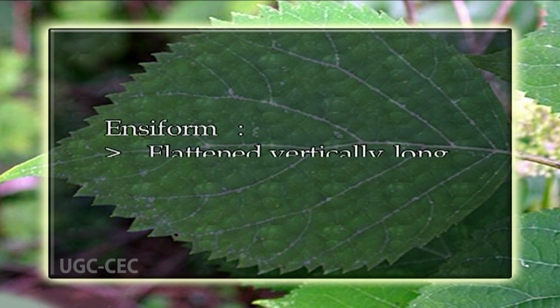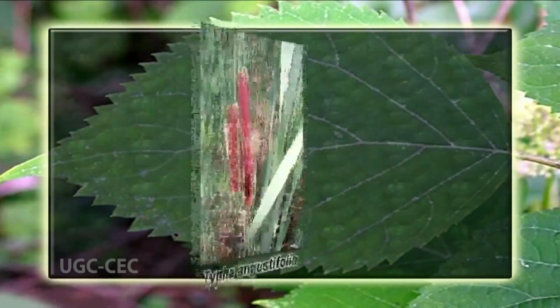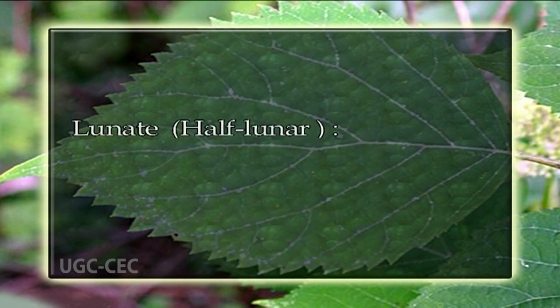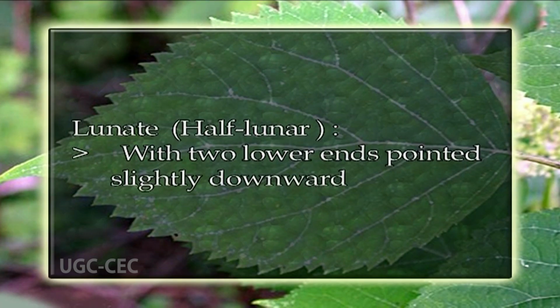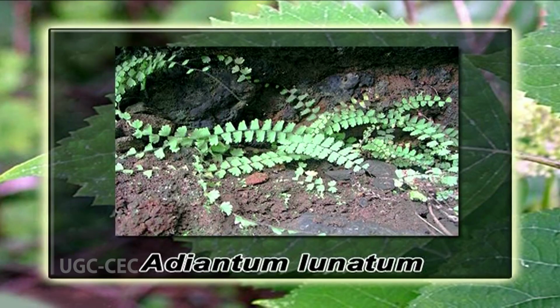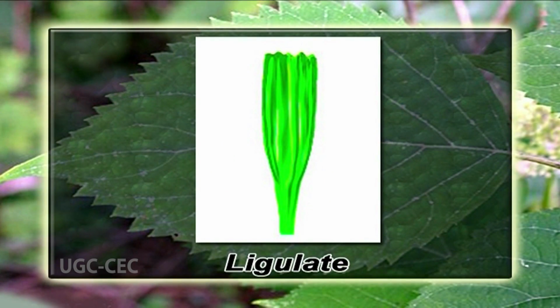Ensiform, flattened vertically, long, erect like a sword. For example, Typha angustifolia. Lunate, that's half lunar, that's half moon in shape, with 2 lower ends pointed slightly downwards. For example, Adiantum lunatum. Ligulate, narrowly cuneate tongue-like structure with a transversely cut and irregularly lobed or incised tip.